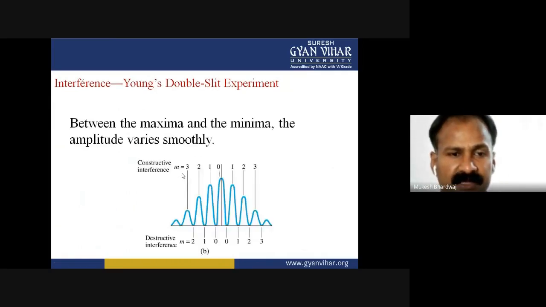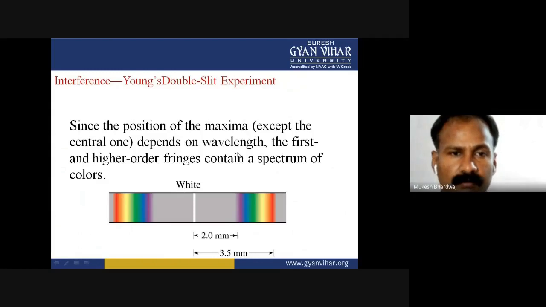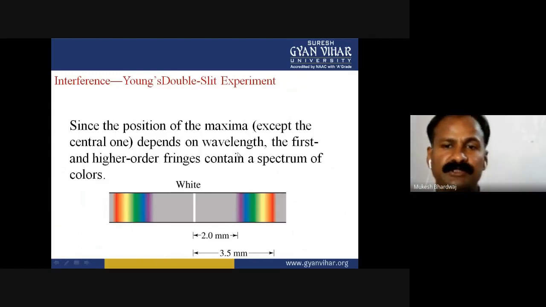Between the maxima and the minima, the amplitudes vary smoothly. Since the position of maxima, except the central one, depends on the wavelength, the first and higher order fringes can have a spectrum of colors.